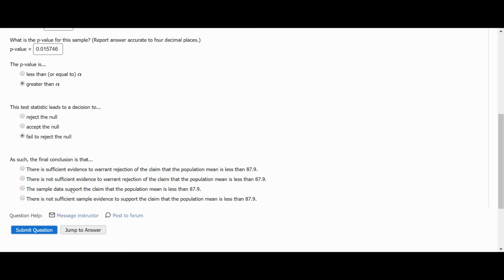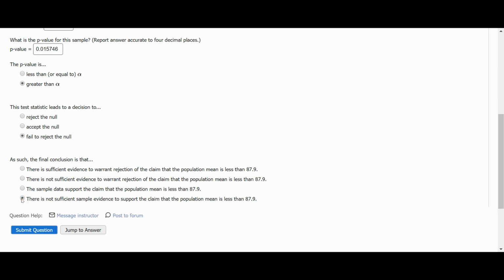The sample data do not support this claim that it's less than 87.9. Let's see, there is not sufficient evidence to warrant rejection, so I think this is the one we want to choose because we are not rejecting the claim. But this says the population mean is less than 87.9, so we are not rejecting that claim.